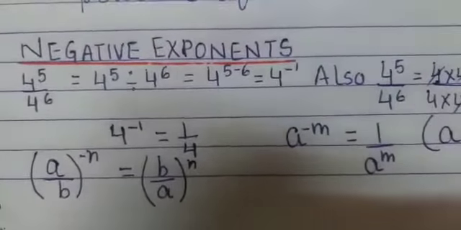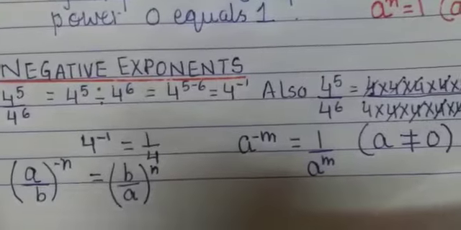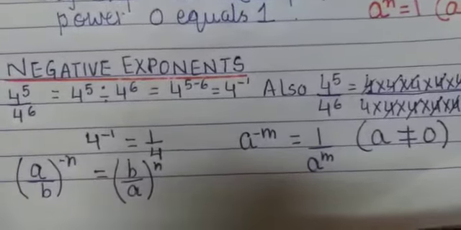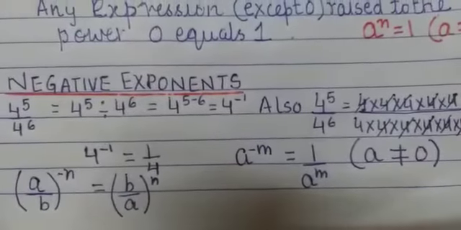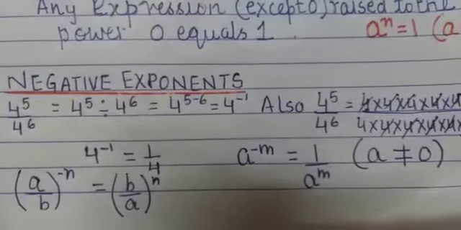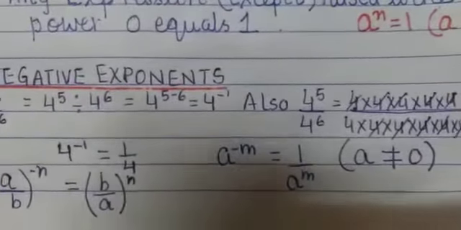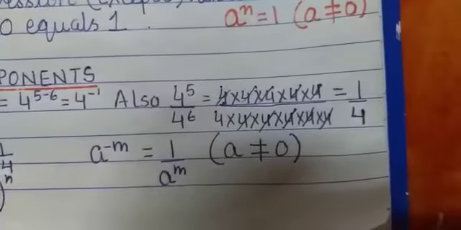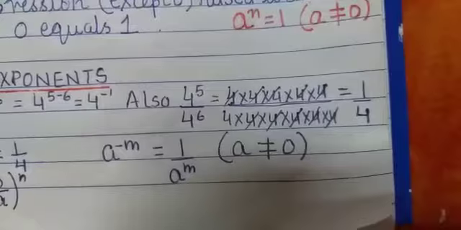So it is 4 to the power 5 minus 6, according to the law of quotient. So 5 minus 6 is minus 1. So it is 4 to the power minus 1. Also, 4 to the power 5 upon 4 to the power 6 is equal to 1 upon 4.